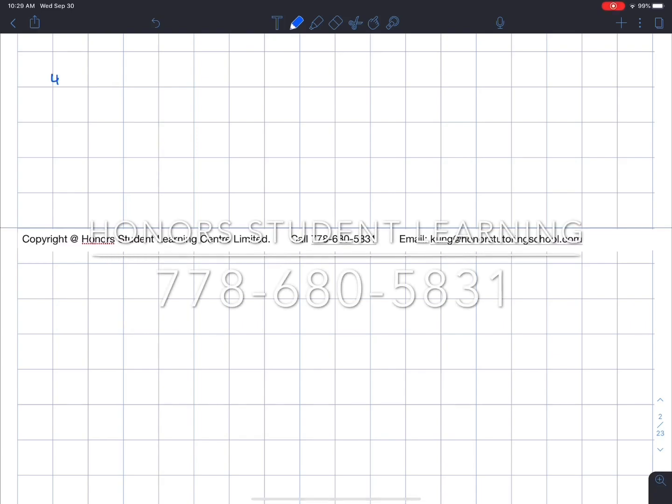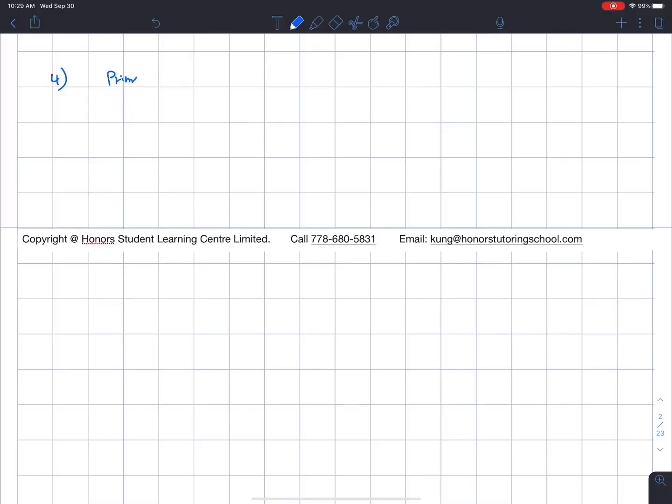Okay, question 4. So you need to know what prime numbers are. Prime numbers have only two factors, and the two factors are going to be 1 and itself.